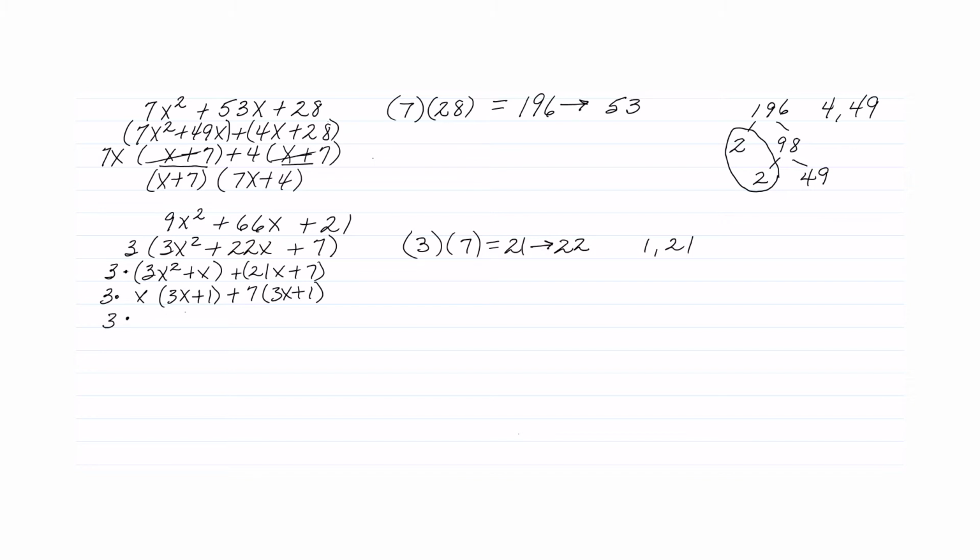Okay. So our greatest common factor then is 3x plus 1. We're going to pull that out. And what's left? x plus 7. So let's try another one.